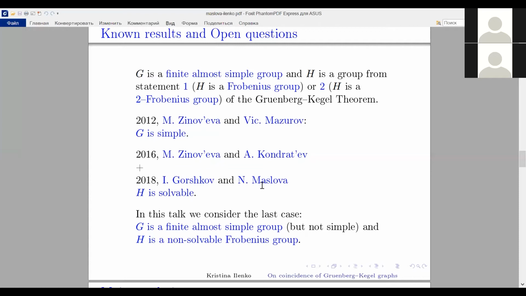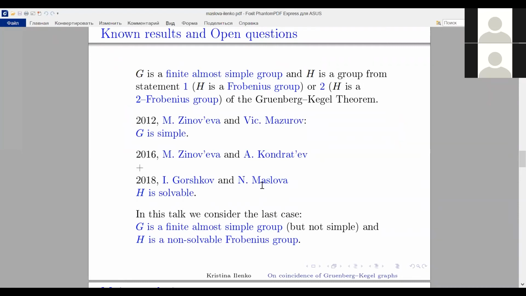The case of coincidence of gamma of G and gamma of H when G is a finite almost simple group and H is a non-solvable Frobenius group is the last case which was not considered earlier. And in our work, we explore this case.